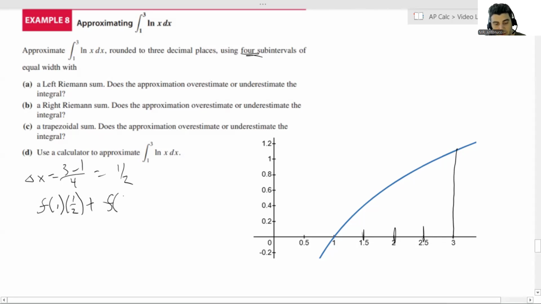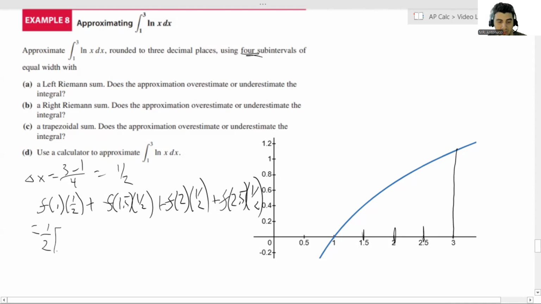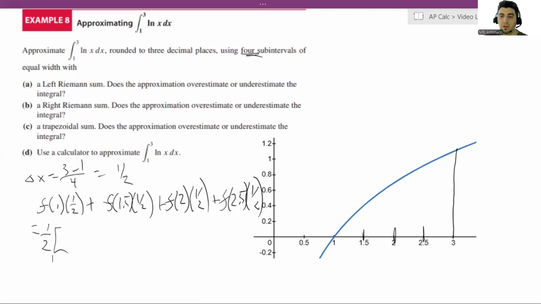f of 1.5 times 1/2 plus f of 2 times 1/2 plus f of 2.5 times 1/2. All right, and then we'd have 1/2 times those function values for all of those there.